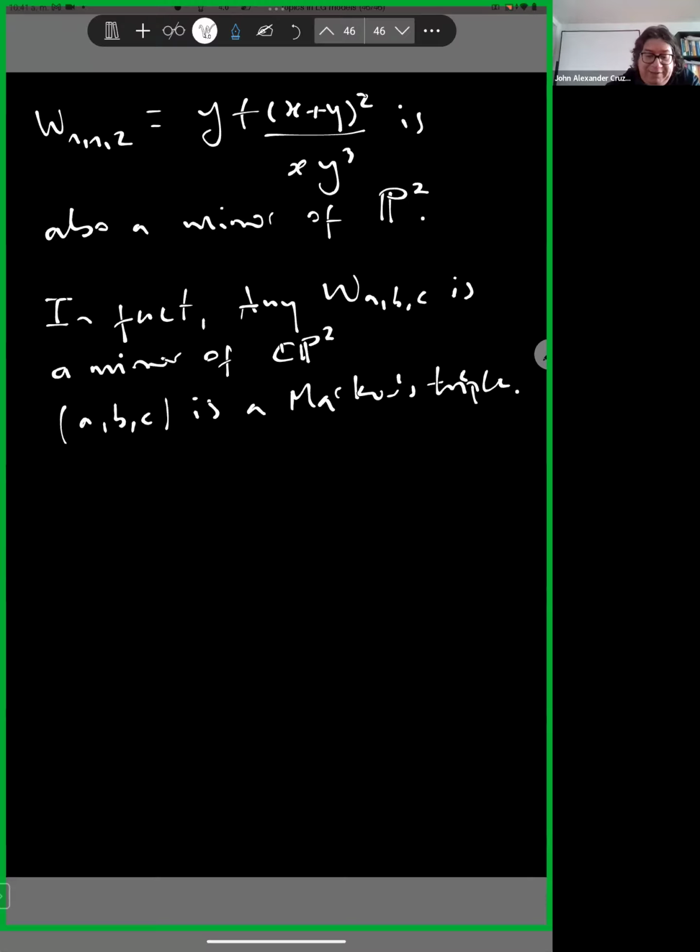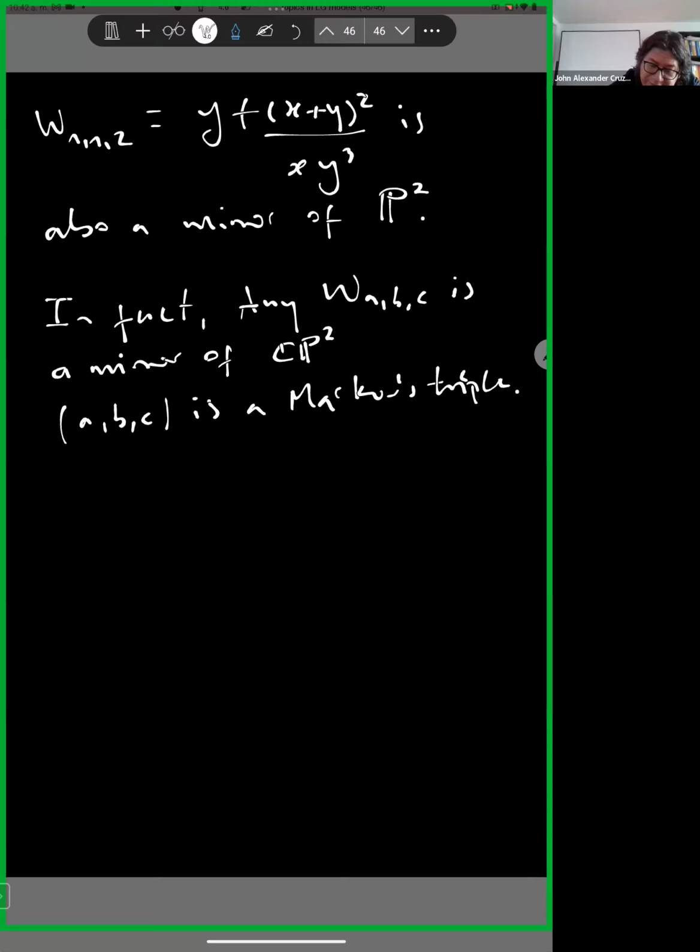Perfect. But then let me say something which is important, and which could be related to Marina's question at the beginning. You see, being a mirror means that these mutations preserve the period, and preserving the period for the Laurent polynomial means that we have certain birational transformations preserving the volume form.